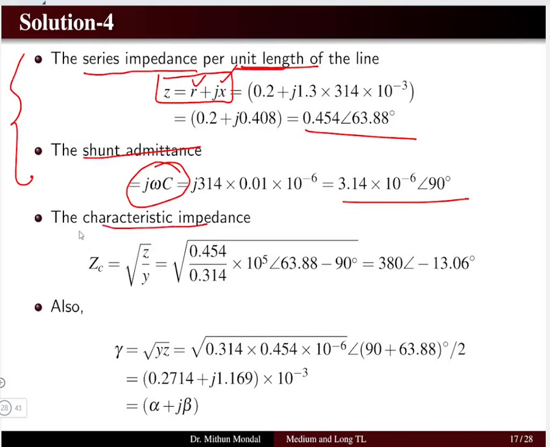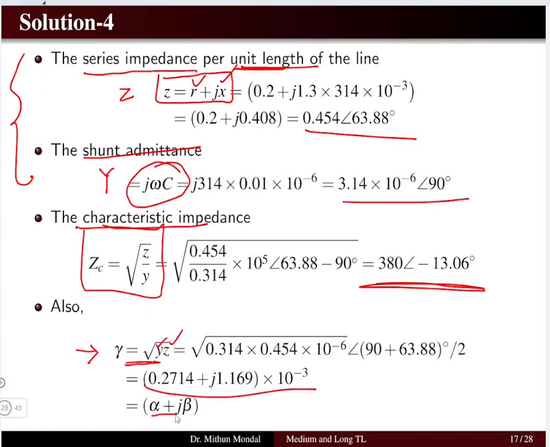Characteristic impedance, which we have seen previously, is equal to the square root of Z by Y. So series impedance by shunt admittance, taking the square root, we get the characteristic impedance. Then we can determine the propagation constant γ, which is the square root of YZ. We have been given the values of admittance and impedance, so take the square root of that.